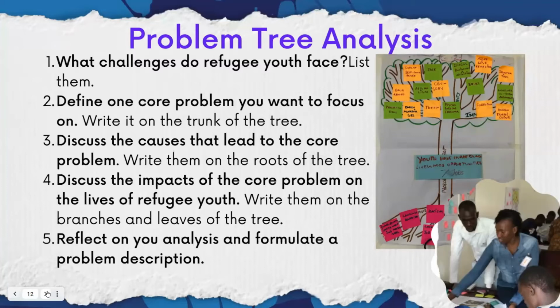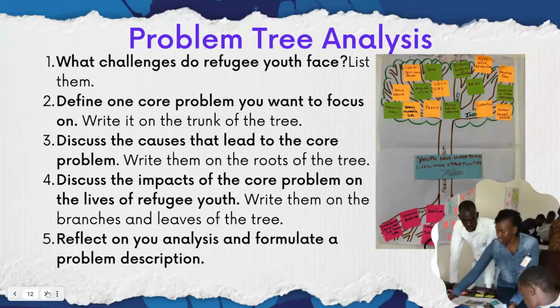If you can see on the picture above, we have the orange and the green notes, which are on the leaves of the tree, and we have the pink notes, which are on the roots of the tree. Those are the causes of the problem that the group discussed.